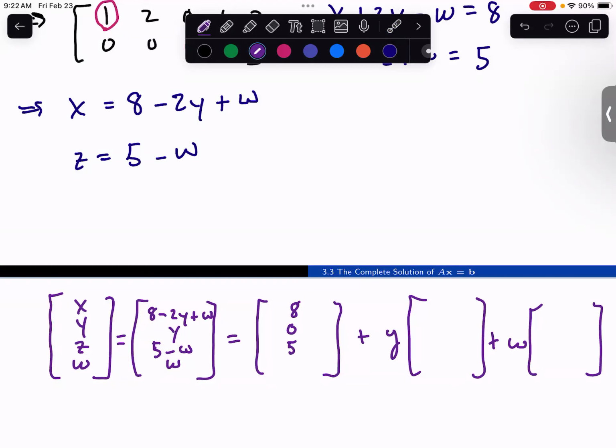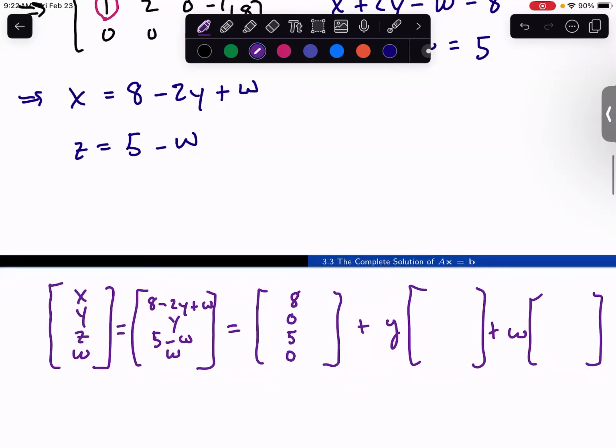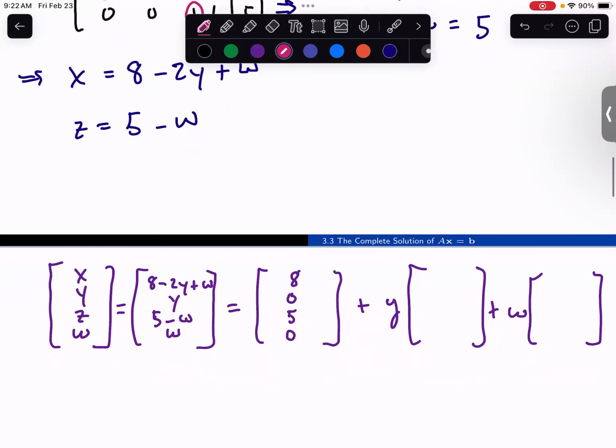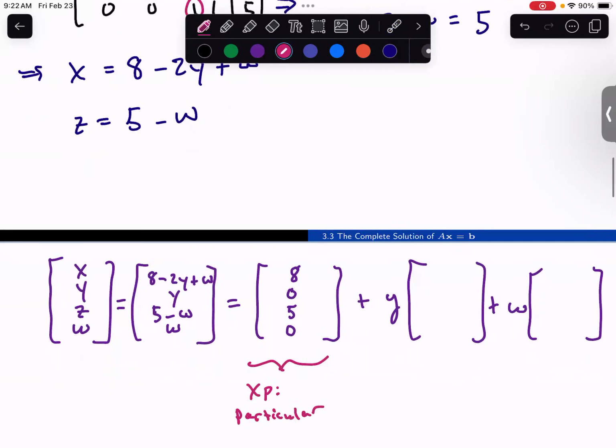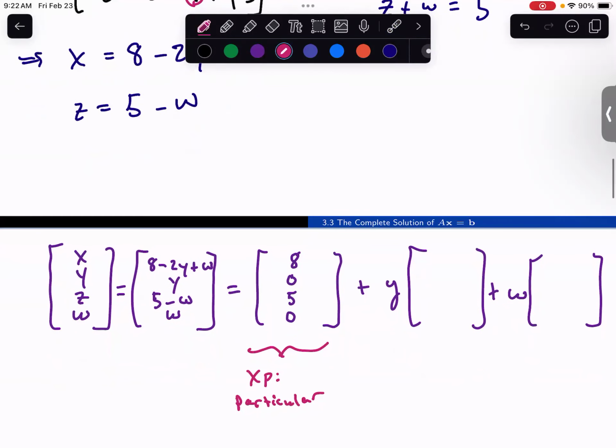And then w doesn't have a constant term, so this will be 0. So this is the particular solution that it mentions in the beginning, on the second slide that we covered. So this is the x_p, i.e. the particular solution. It has nothing to do with the free variables or anything to do with the null space, right? It doesn't have anything to do with y and w.